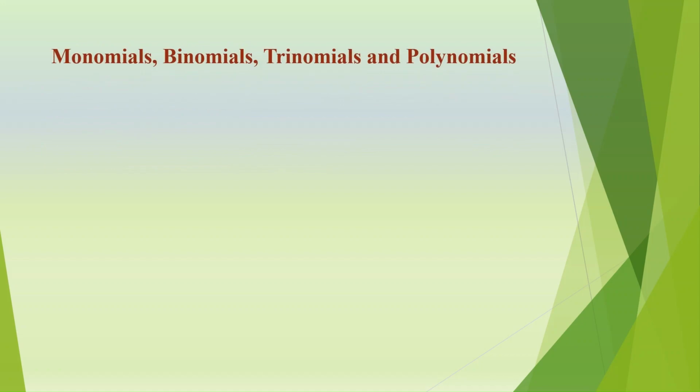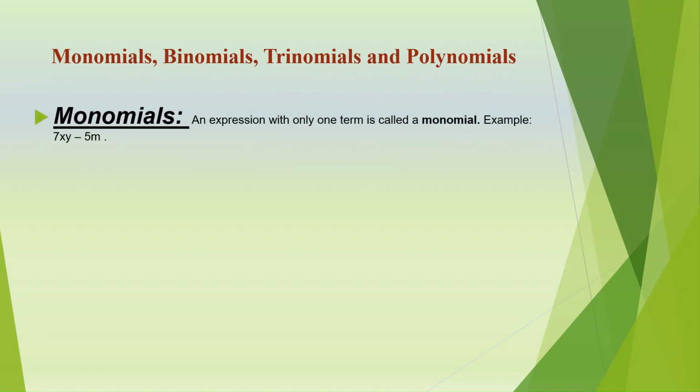Coming to our last topic of this video, monomials, binomials, trinomials, and polynomials. A monomial is an expression with only one term. One term is 7xy or 5m. These are only one term.